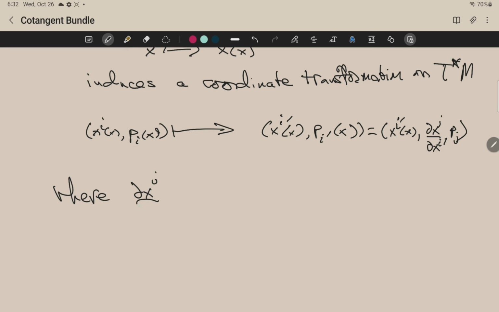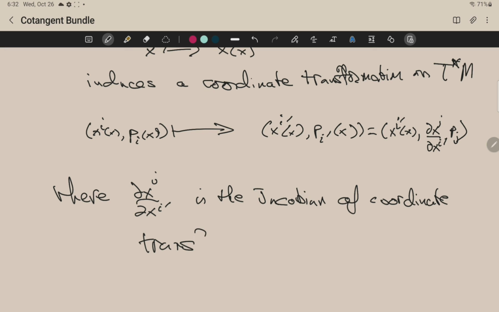If you remember in relativity, this is how the basis gets transformed. So it's like the inverse Jacobian to the one on the tangent bundle.